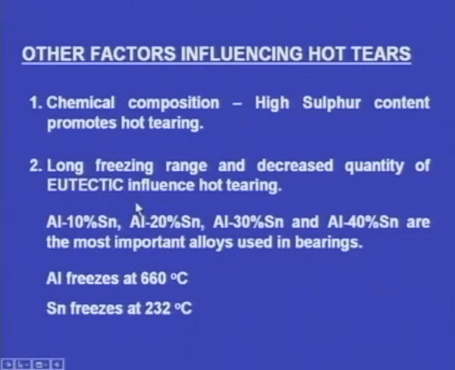Let us see how this long freezing range and eutectic will be promoting hot tearing. In this alloy of aluminum and tin, aluminum starts freezing much earlier, at 660 degrees centigrade. When the freezing is complete, it undergoes shrinkage. When it undergoes shrinkage, the shrinkage is compensated by the liquid metal in the riser.